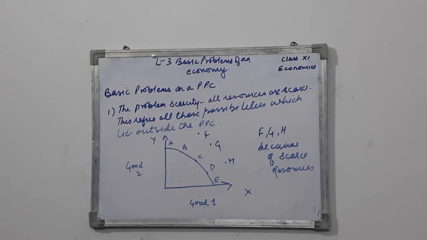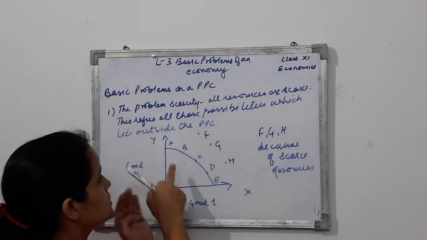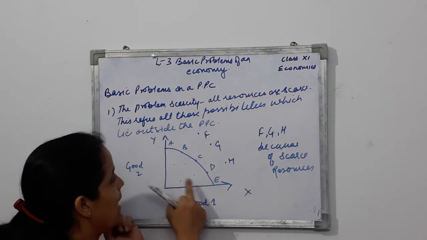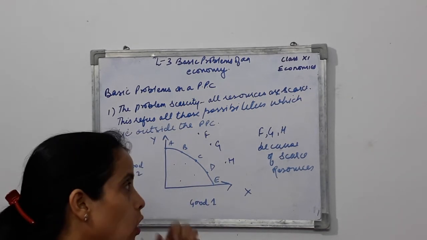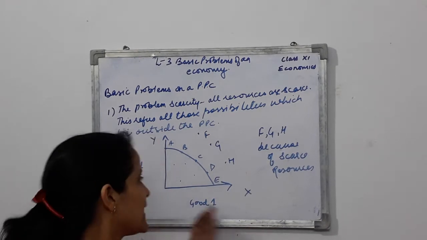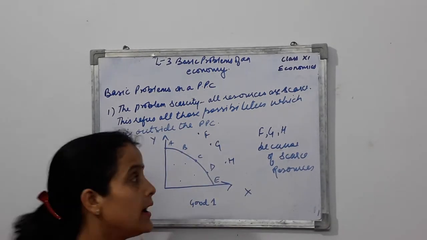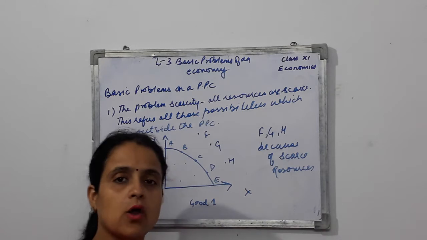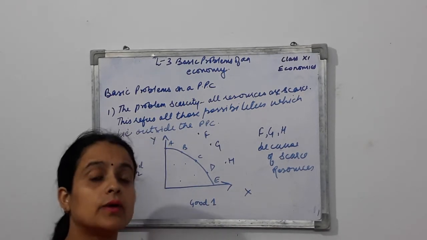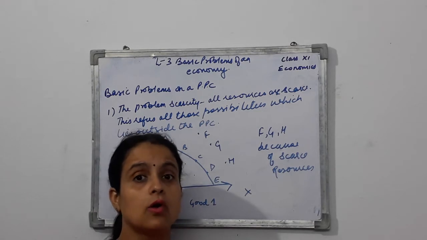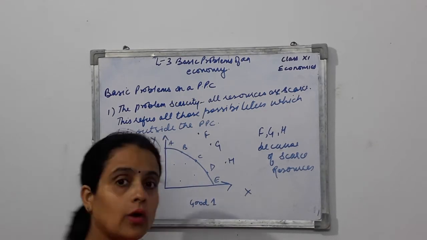altogether the thing is this, that all the points which are on the PPC and inside the PPC are attainable points and they can be achieved. हम उनको प्रोडक्शन कर सकते हैं, उनको अचीव कर सकते हैं, लेकिन जितने भी पॉइंट्स जो कि पीपीसी के बाहर हैं, all the points which are outside the PPC curve cannot be achieved, and they are known as unattainable or non-attainable or non-feasible points. Why do we call them non-feasible points?